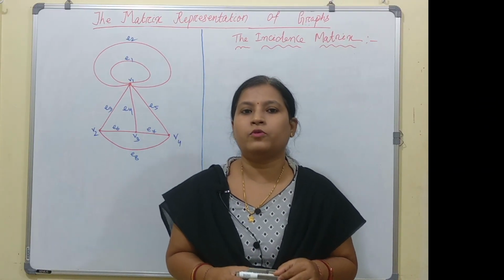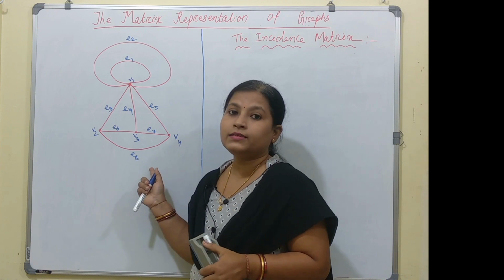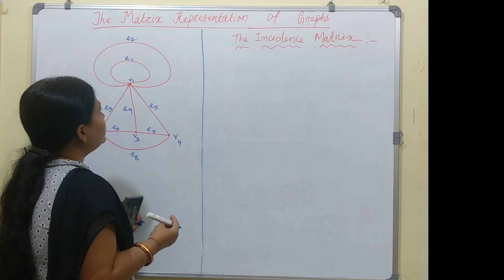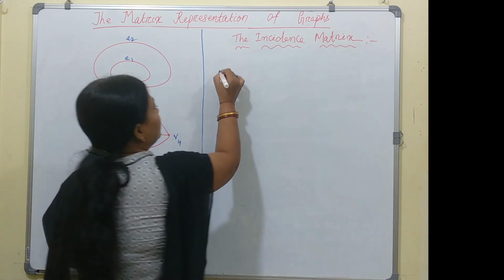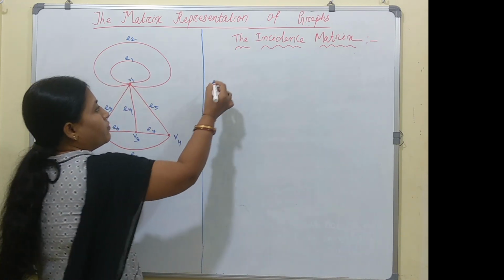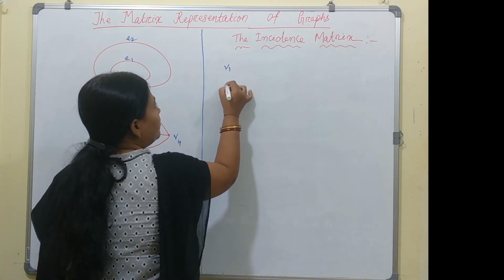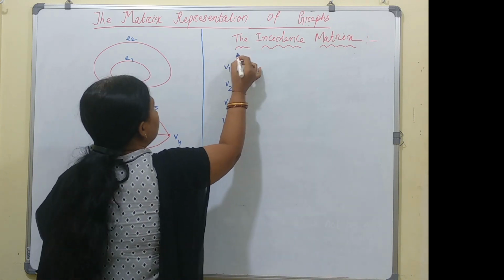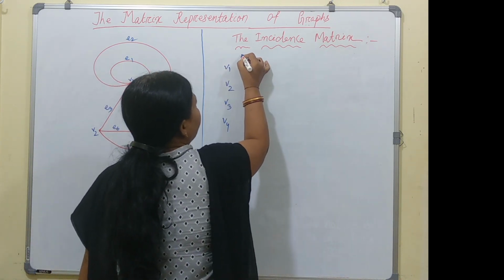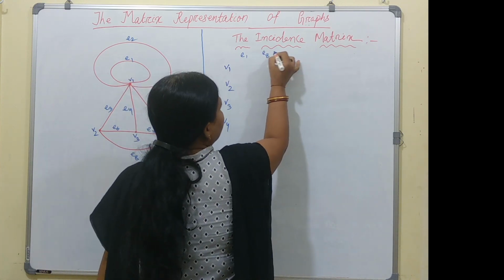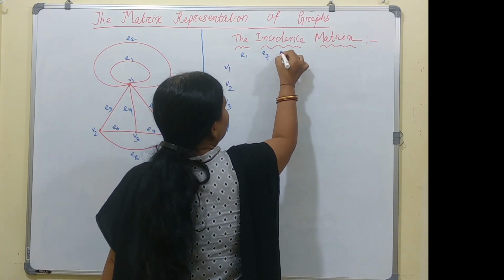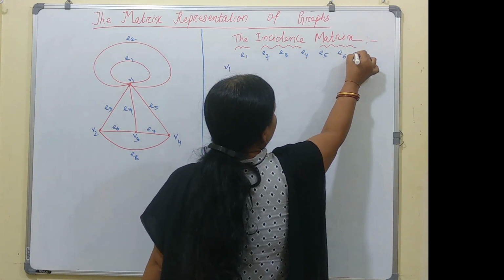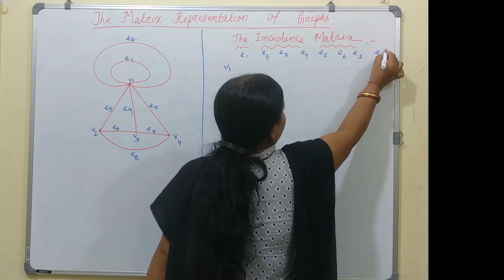Let us take one example. Find its incidence matrix. So list all the vertices and all the edges. There are 4 vertices, V1, V2, V3, V4, and 8 edges, E1, E2, E3, E4, E5, E6, E7, E8.